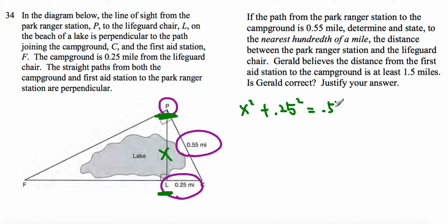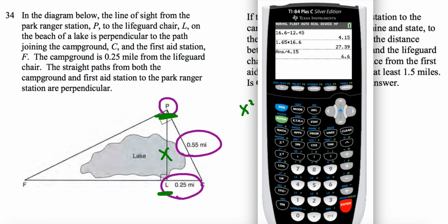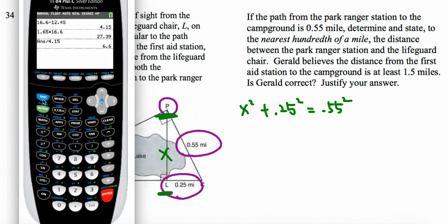x squared plus 0.25 squared equals 0.55 squared. Then 0.55 squared minus 0.25 squared, by moving this one over to the other side, should be equal to that value.